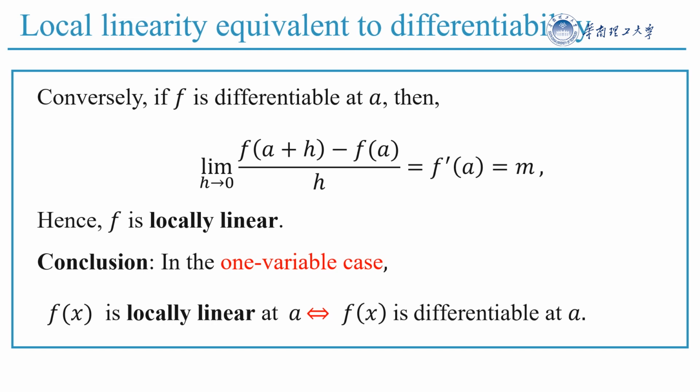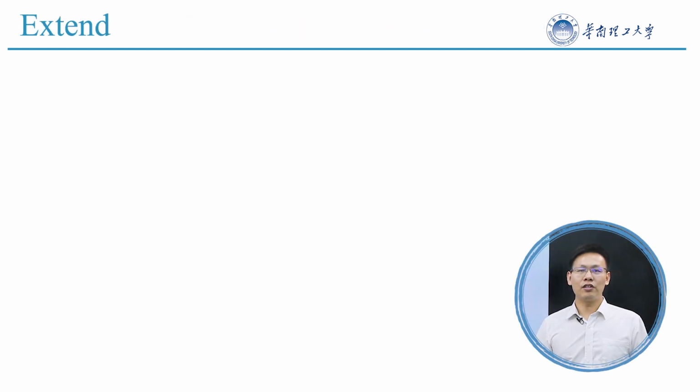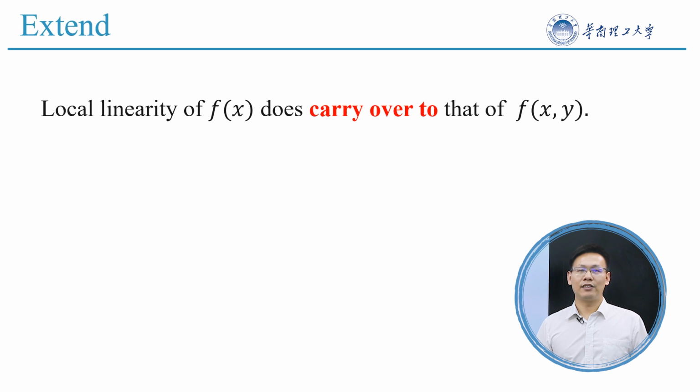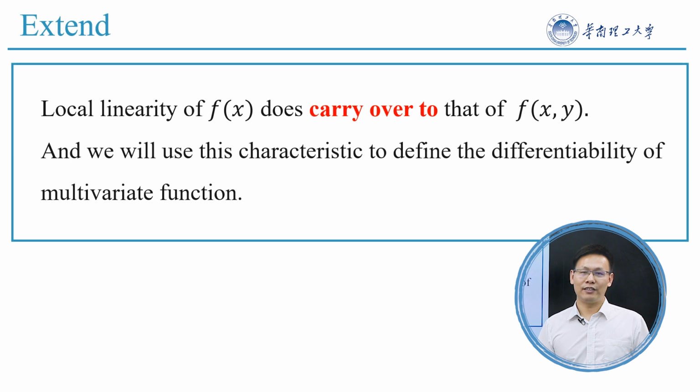The concept of local linearity thus carries over to the situation in which f is a function of two or more variables, and we will use this characteristic to define the differentiability of a function of two or more variables.